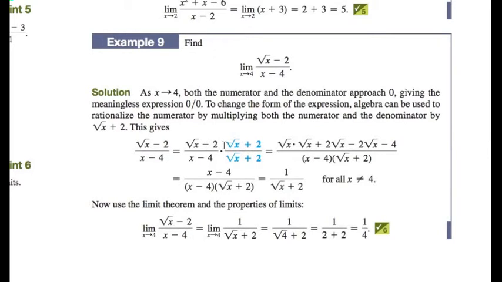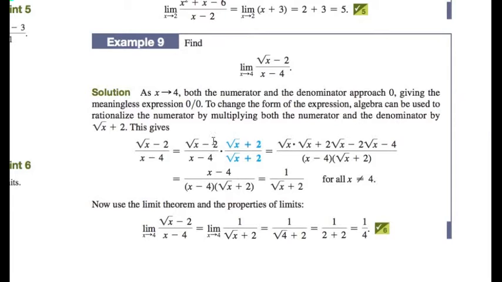And we can use the FOIL method to do this. Multiply the first two, we get the square root of x times the square root of x, which would give us the square root of x quantity squared. And the square root of x quantity squared would be just plain x.